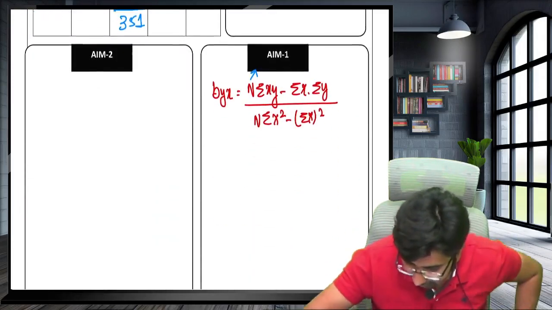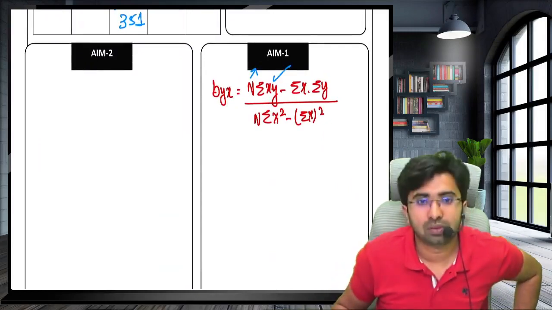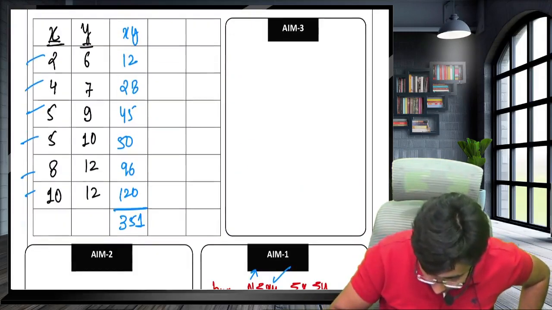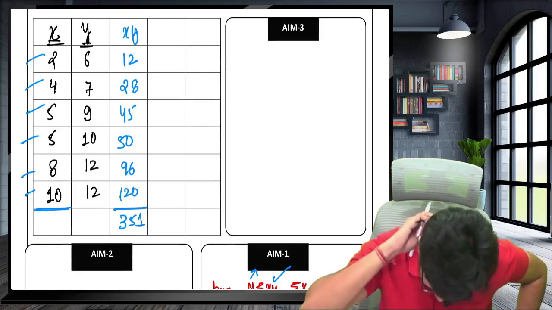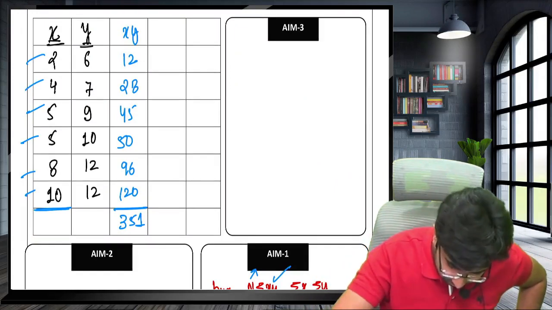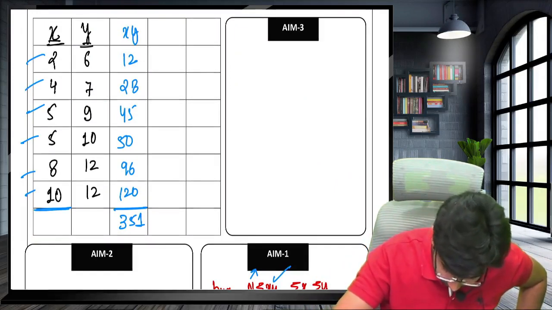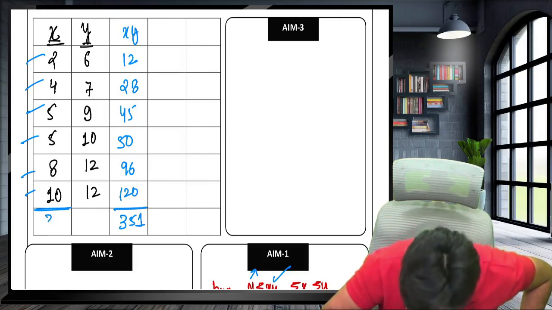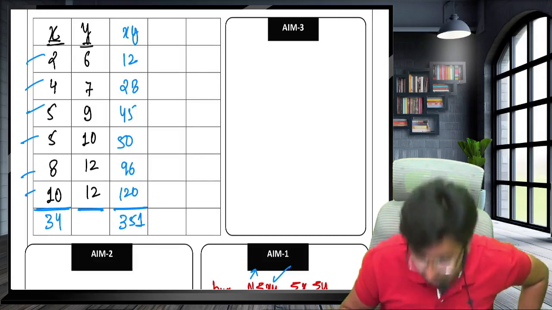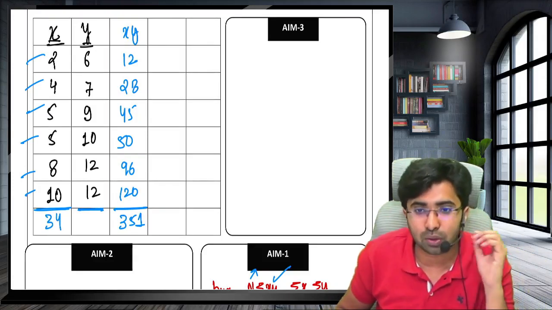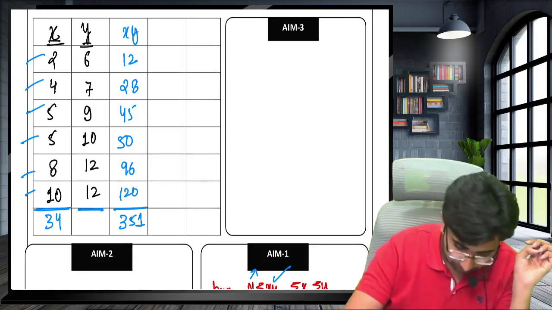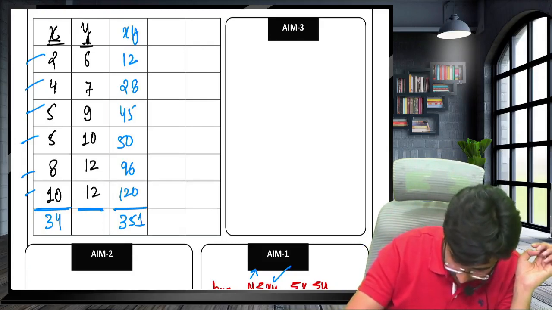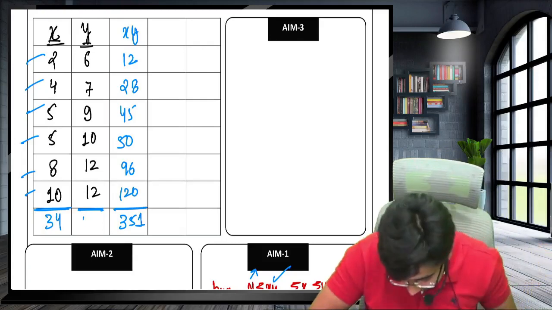Now we have summation xy also. Now you need summation x. What is summation x, guys? It is 34. What is summation y? It is 56.